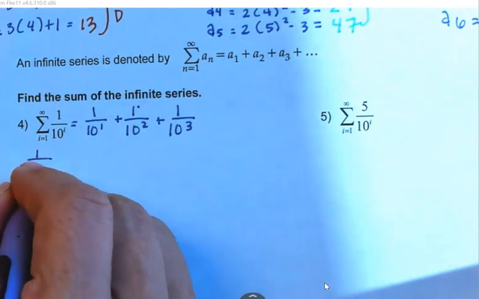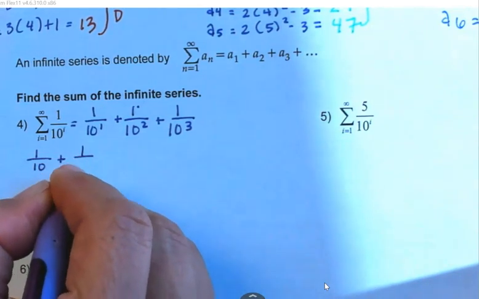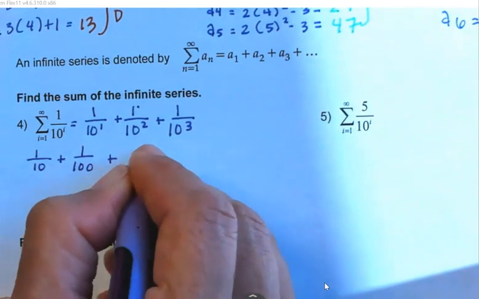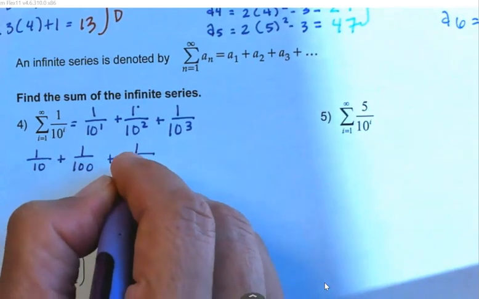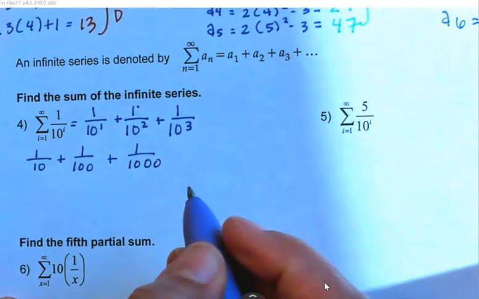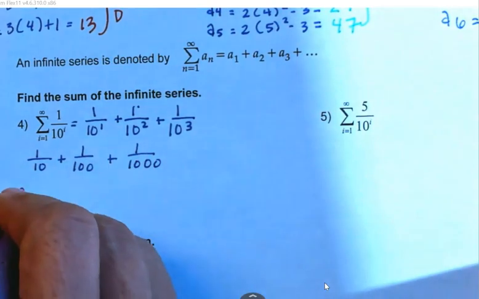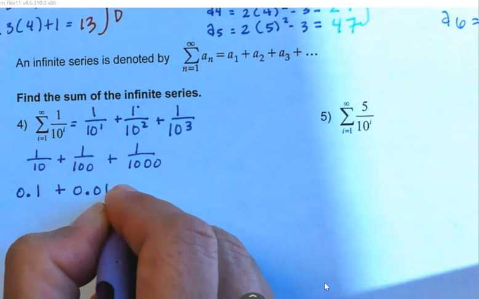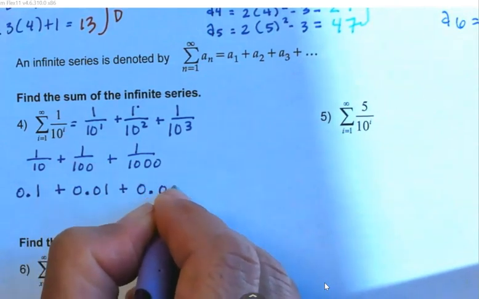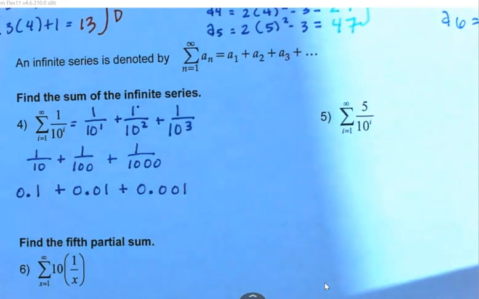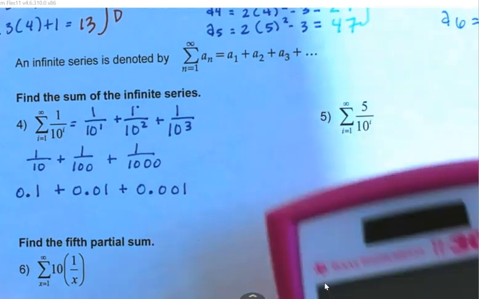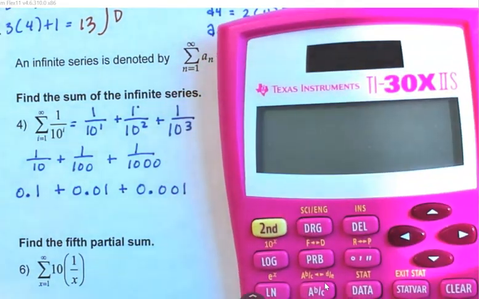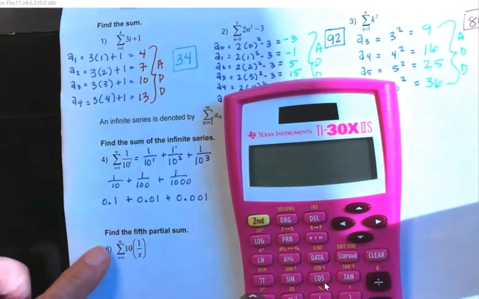So this is like 1/10 plus 1/100th plus 1/1,000th. Like this. 1/10 plus 1/100th plus 1/1,000th. Y'all turn on your calculator. Let's add these up.